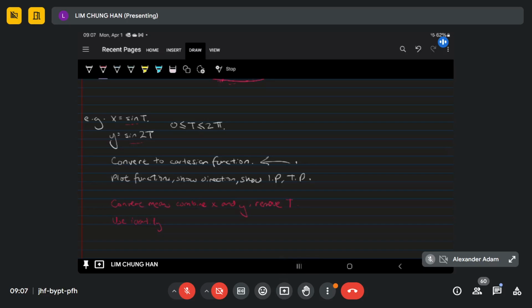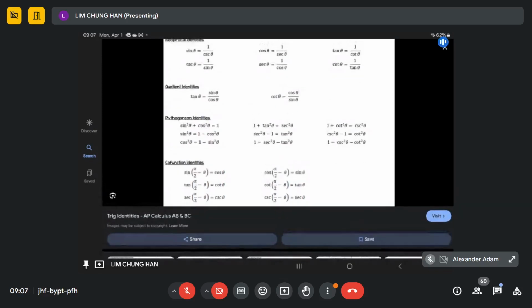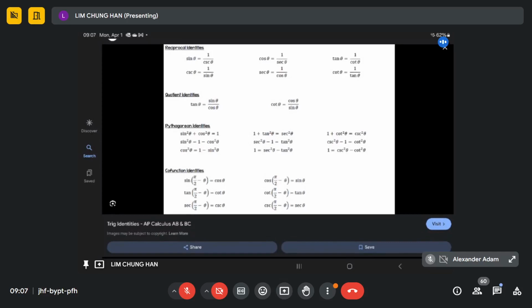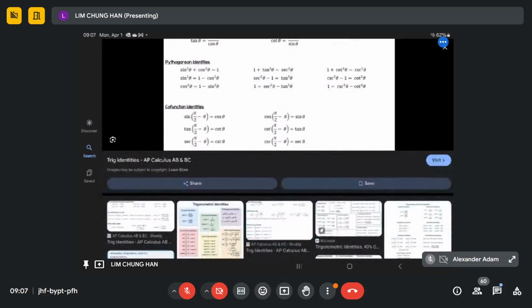So let's go to our list. Which one has sine t and sine 2t? This one doesn't have it. This is not a full list. Let me get a full list.